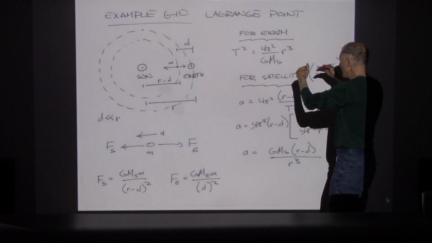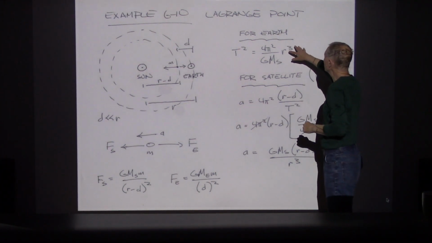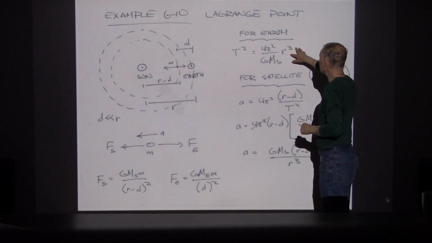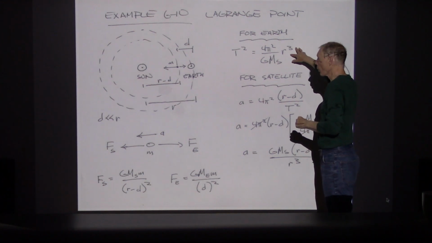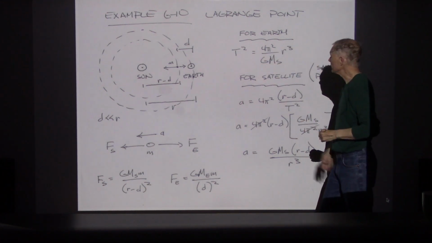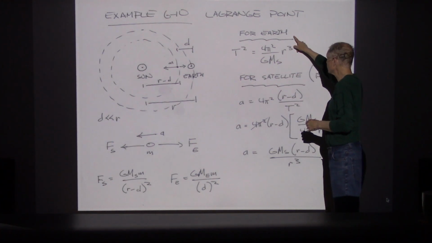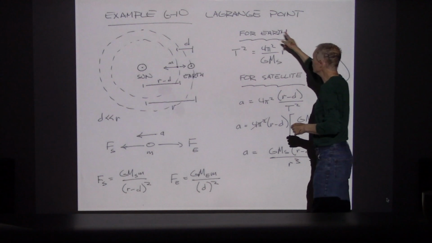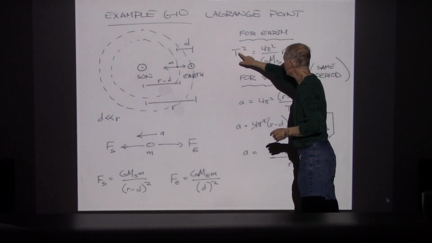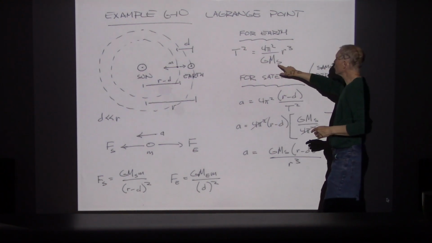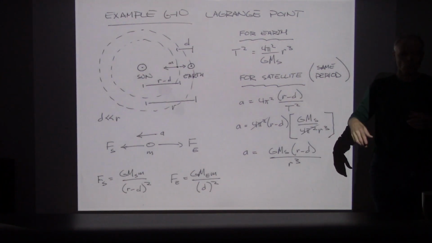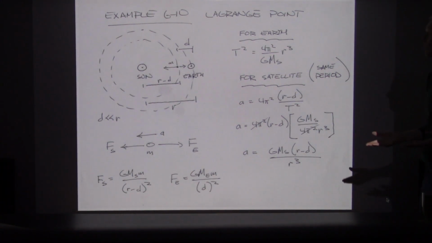Let's do some kinematics here. So this is the orbital period that we want. We want that satellite to have the same orbital period as the Earth. So we're going to write down the Earth's orbital period in terms of the orbital formula that we developed.